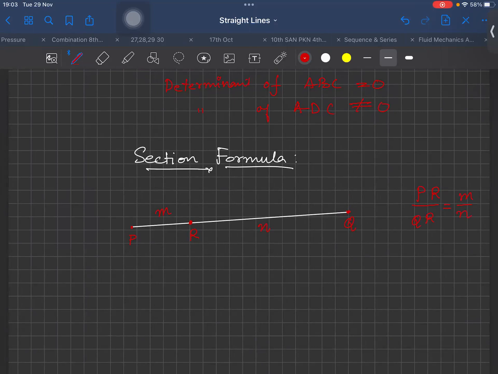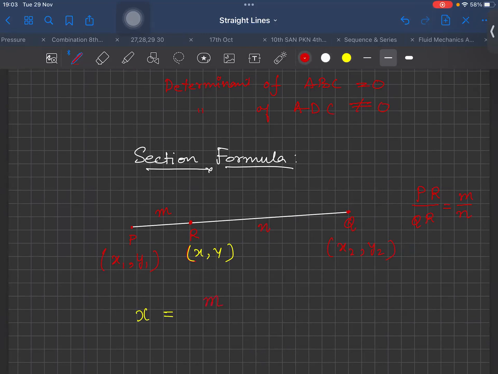Now let's say the coordinate of P is x1, y1, and Q is x2, y2. And let's say R has got the coordinate x, y. All right. So how do you find x and y? So x will be equal to what?